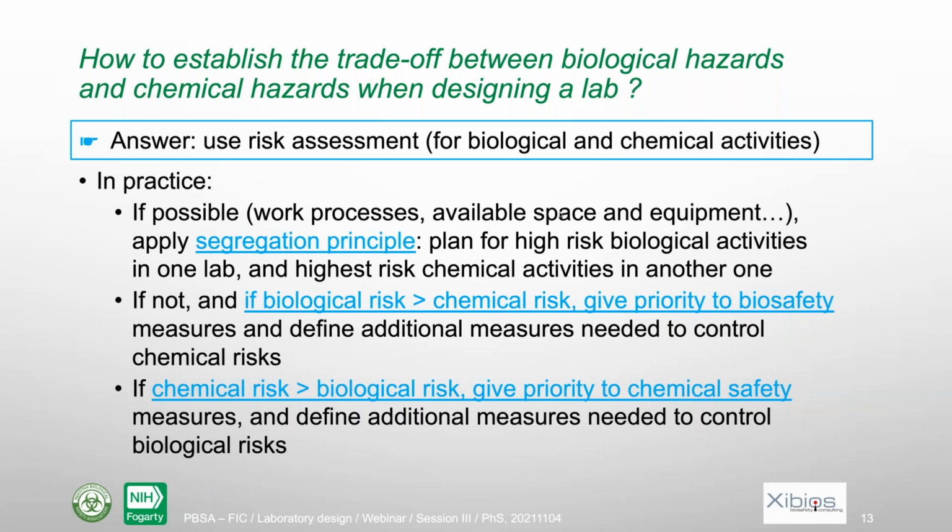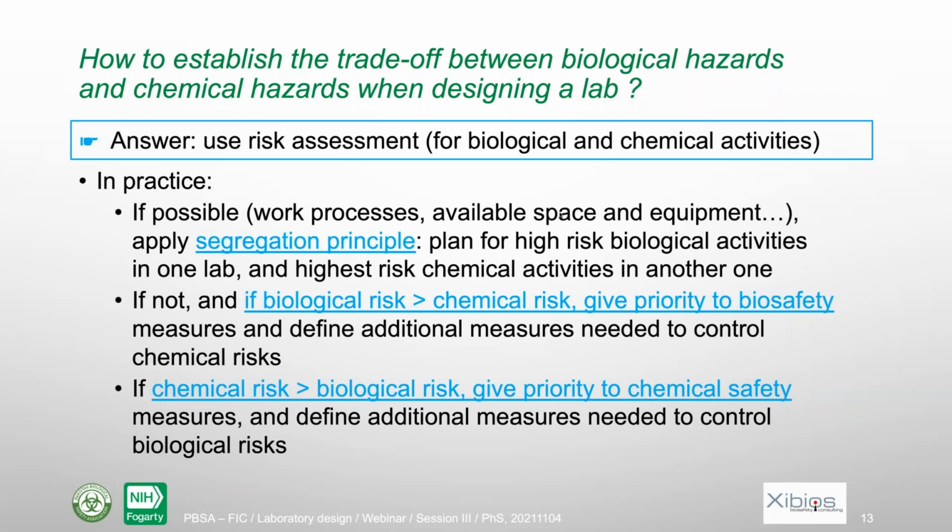It's not always possible. Sometimes you don't have a possibility to do that. In that case, you need to weigh biological versus chemical risk. If after doing both risk assessments, you consider that the biological risk is more important than the chemical risk, in that case, you should design your lab according to the biosafety principles.